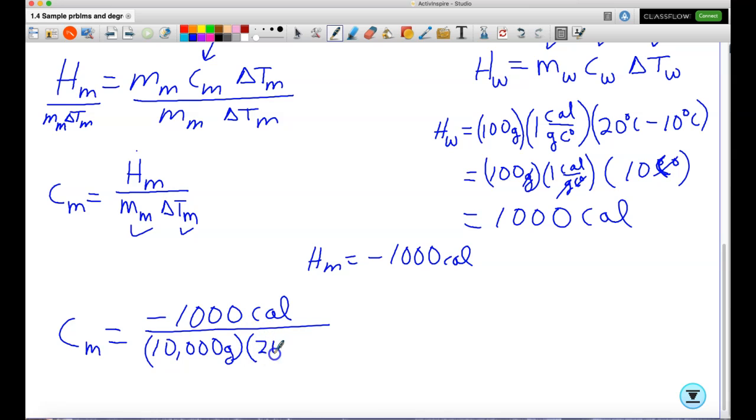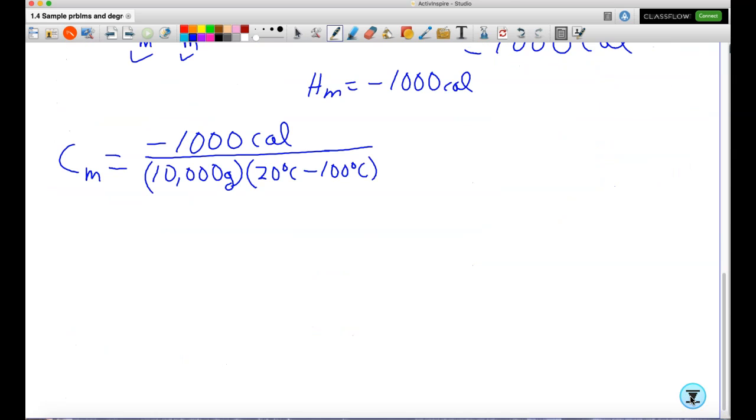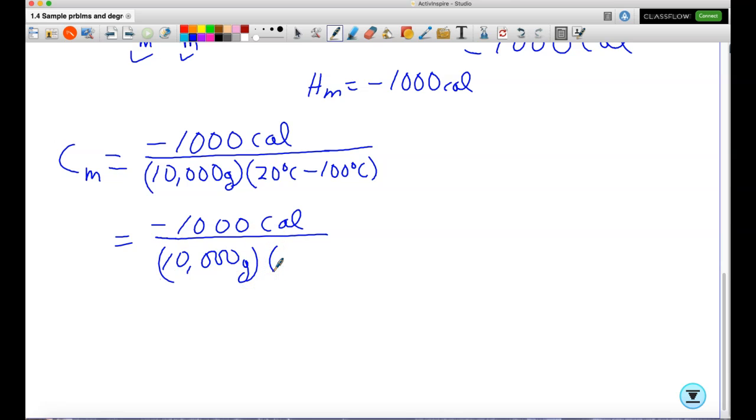Remember, it ended at 20 degrees Celsius, and the metal started at 100 degrees Celsius. So we're losing energy, the temperature's going down, and that makes sense, so the final should be lower than the initial. That's minus 1,000 calories over 10,000 grams times negative 80 Celsius degrees.